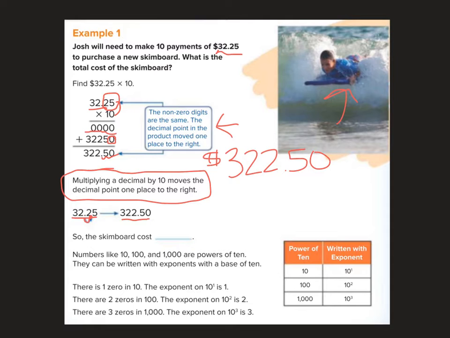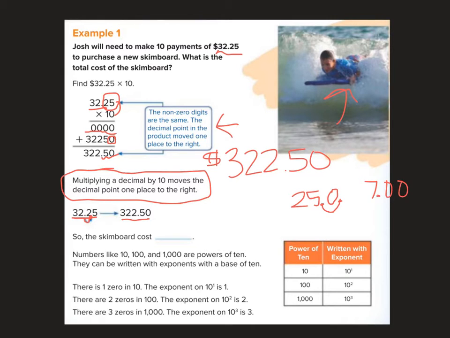Now that works for every number, right guys? So if I have 25 and I want to multiply it by 10, my decimal point is here. I don't usually write it there, but it is there. And I move it one place to the right, so multiplying 25 by 10 is 250. If I multiply 7 by 10, here's my decimal point. If I had $7, I'd write it like this, right?